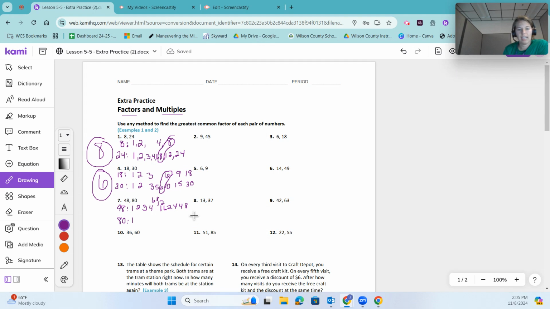For 80: 1 and 80, 2 and 40, 4 and 20, 5 and 16, 8 and 10. The greatest one they have in common would be 16. 16 is the largest one they have in common there. Several more you can try on your own if you would like.